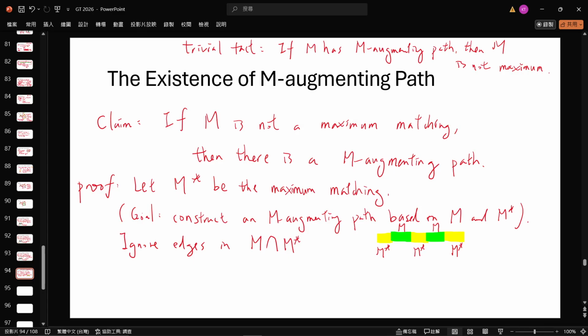So if this path has this form, I'm not going to use any of these edges. Okay? So if an edge is in both M and M star, then I cannot use it. So I'm going to just ignore this kind of edges, and then consider the other edges in M and M star.